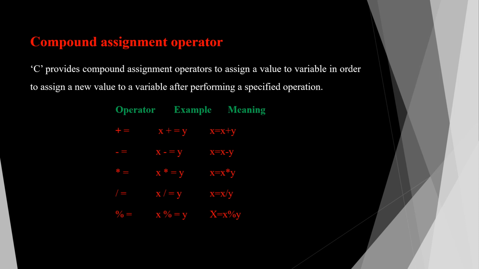Similarly, these three operators, star equal, slash equal, and mod equal, are some examples of compound assignment operators. We can also call them shorthand assignment operators. These operators assign a new value to a variable after performing a specified operation.